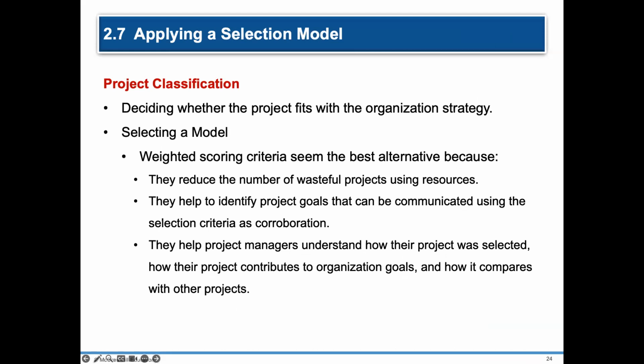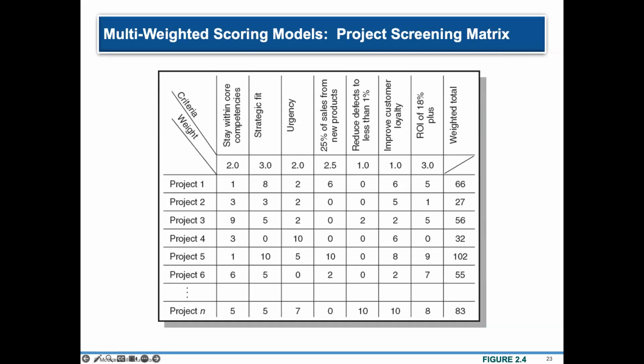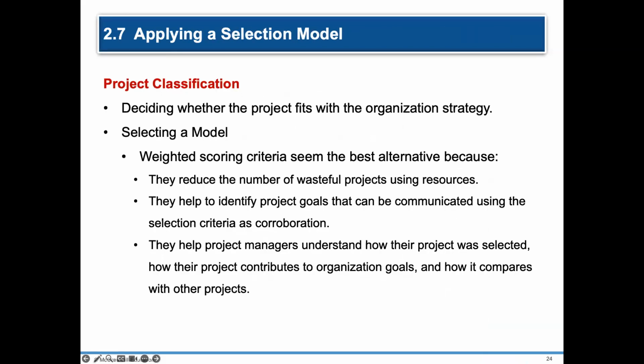Second, these weighted scoring models help you identify project goals that can be communicated using the selection criteria as corroboration. So you're able to quantify the importance and present the value of a specific project by showing this particular sheet on screen. Third, they help project managers understand how the project was selected, how it contributes to organization goals, and how it compares to other projects.